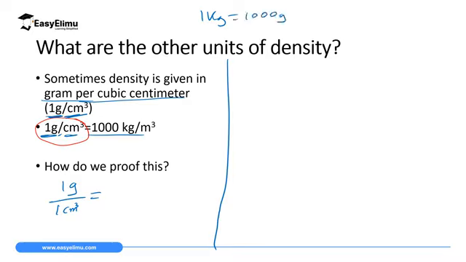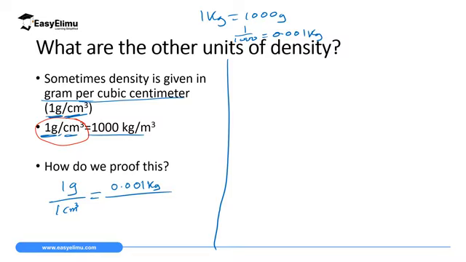Then 1 gram in terms of kgs, we will take 1 divided by 1000. It's going to give us 0.001 kgs. So the mass we have in 1 gram is 0.001 kg. Then you divide by 1 cubic centimeter.